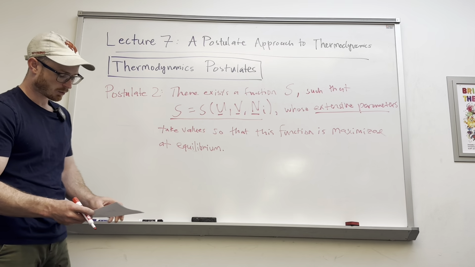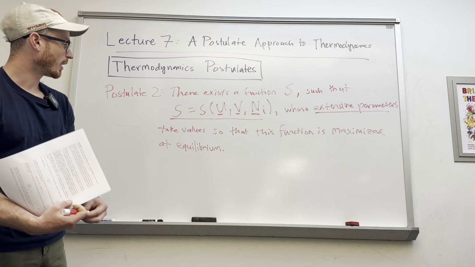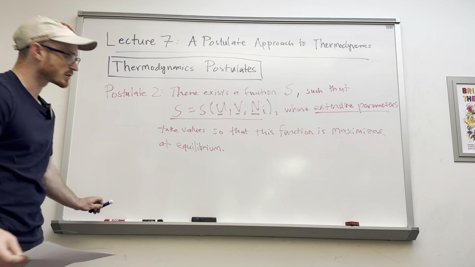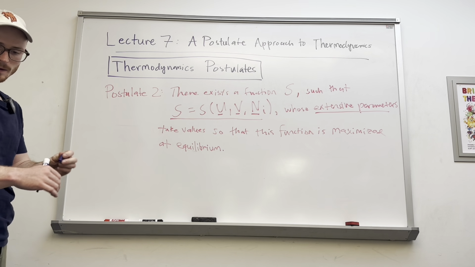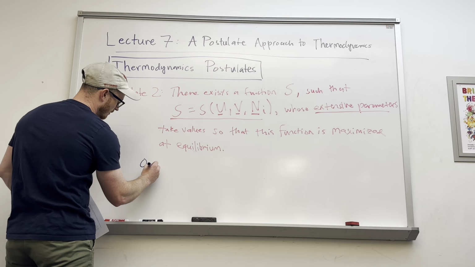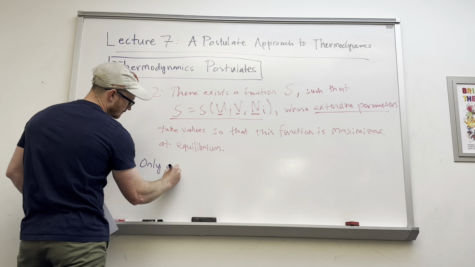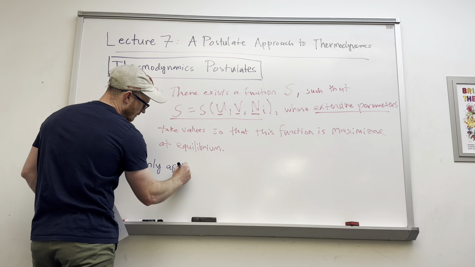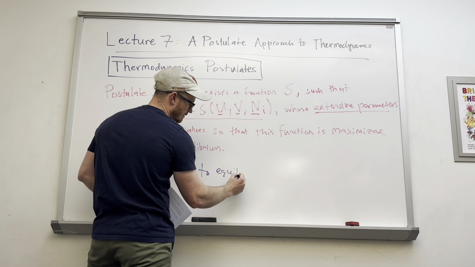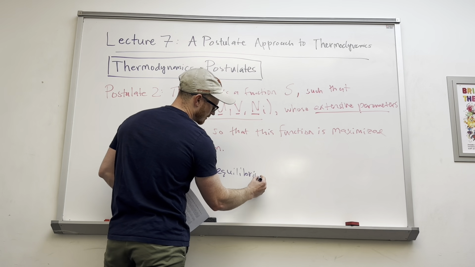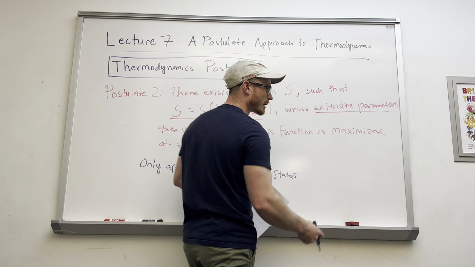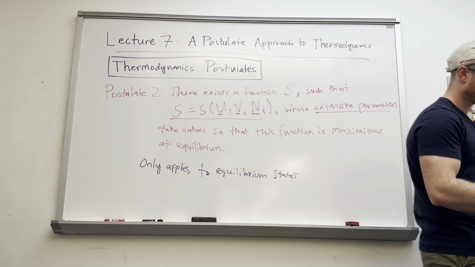So the big important note on this one: we've postulated the existence of this function S that's maximized at equilibrium. This only applies to equilibrium states. In general, it will not apply to non-equilibrium states.